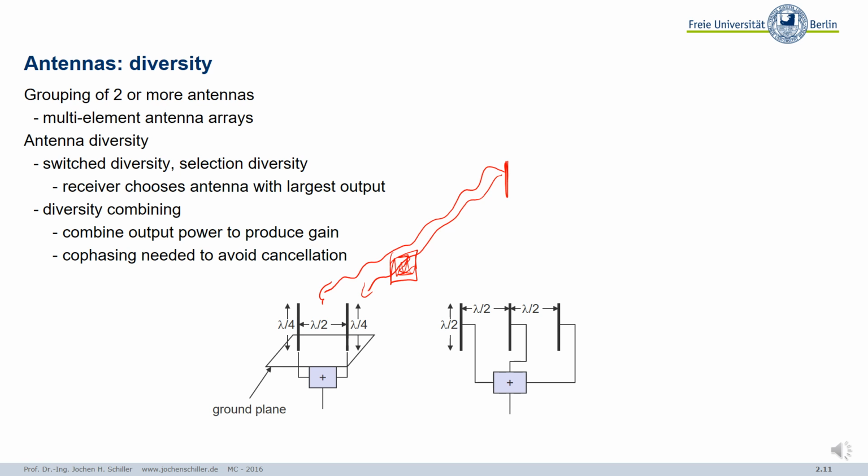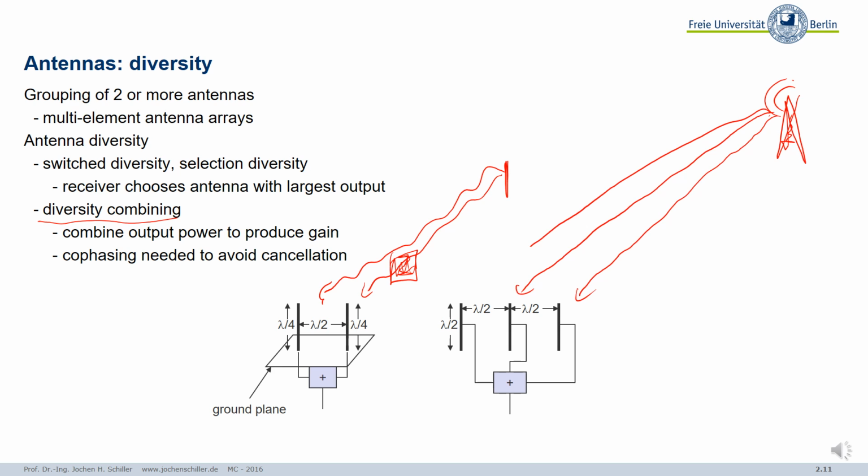Simple. Okay, what is used today is so-called diversity combining. What happens there? If we have our base station here, the base station sends signals. The antennas receive the signals. Let's assume they all receive the signal with different strength, different attenuation.